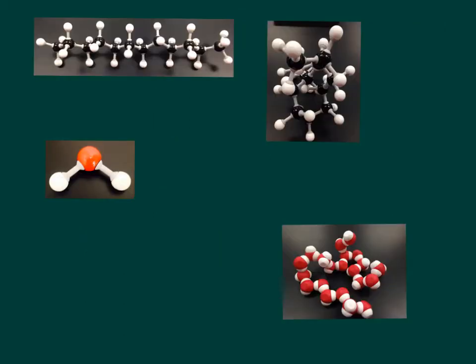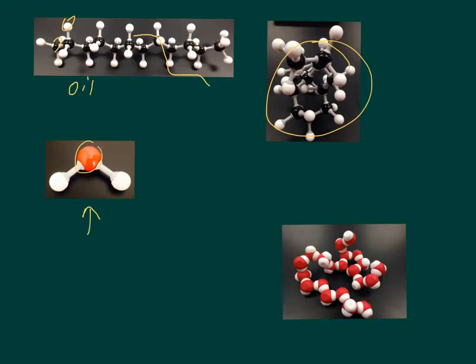Here we have a typical oil molecule. There's a long chain of carbon and hydrogen atoms. And this chain can actually bunch up kind of like that. Now, water are singular molecules. They're very small.